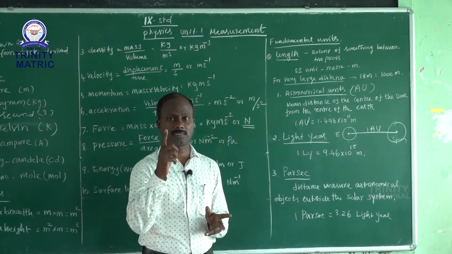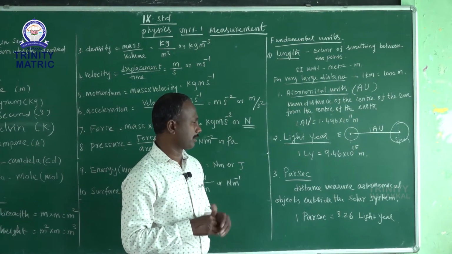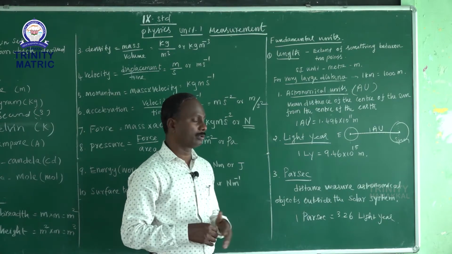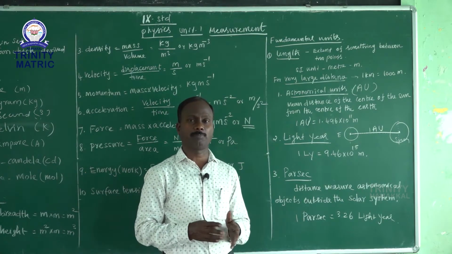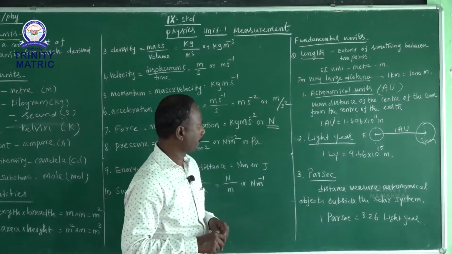So 1 astronomical unit is equal to 1.496 into 10 power 11 meter.